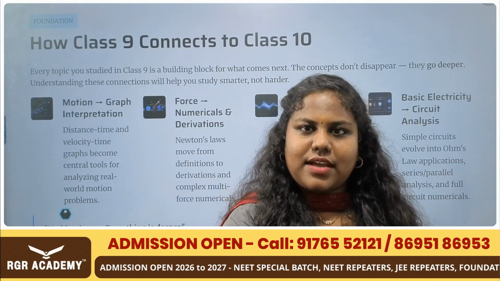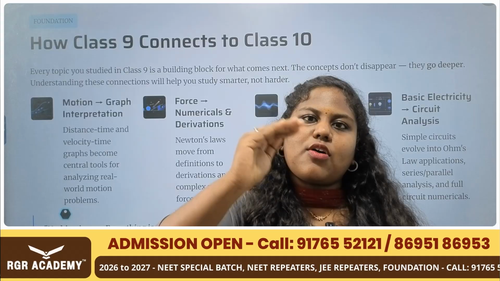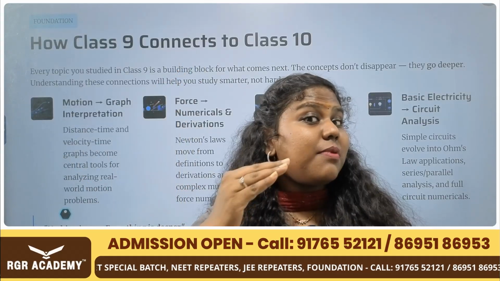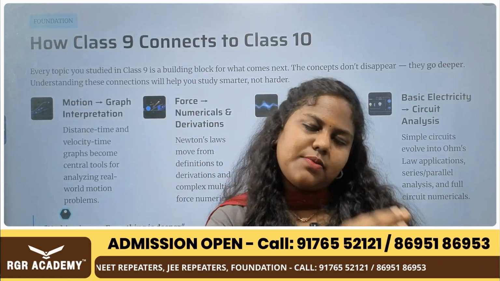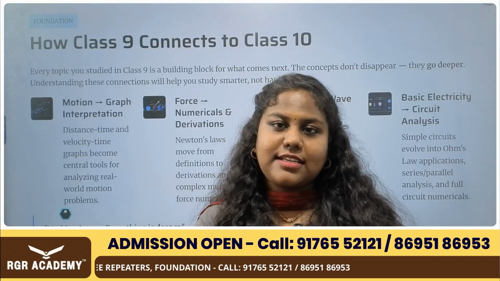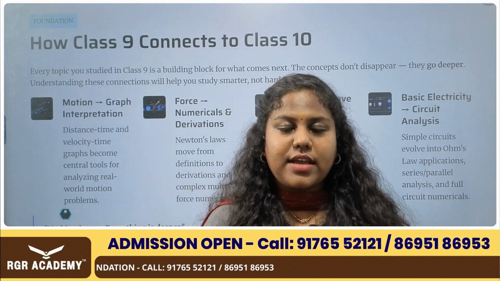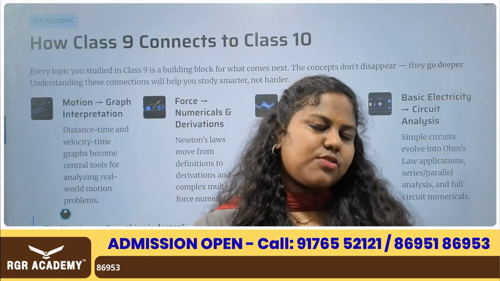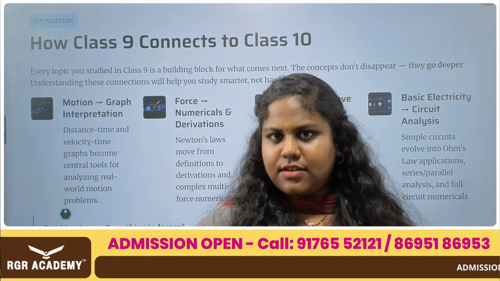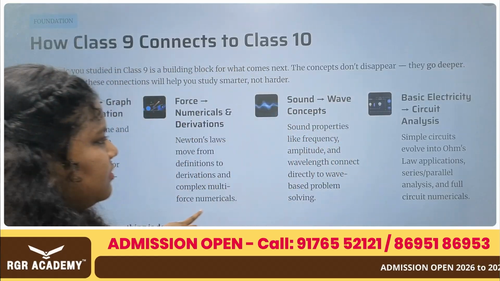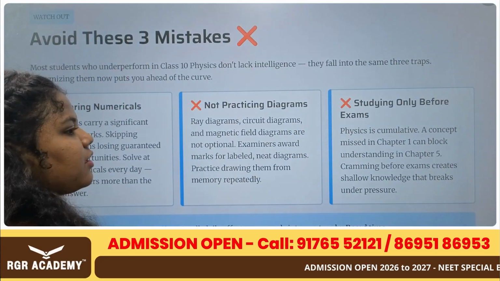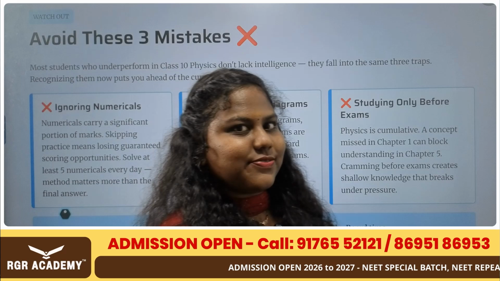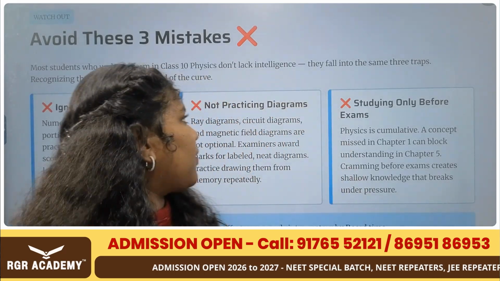Your standard varies, and the level of your understanding should be higher, and it varies in each and every class. That is the variation. Otherwise, everything is the same. So 9th is related to 10th, 10th is related to 11th, and 11th is related to 12th. So don't worry about this. Don't get confused about this, okay? And don't think this is not important. This is very, very, very, very important, okay?